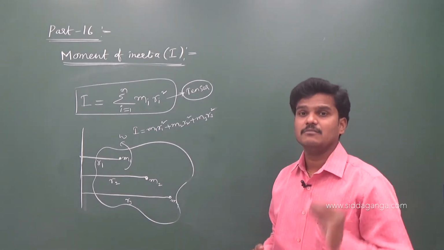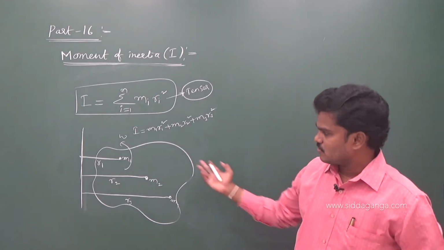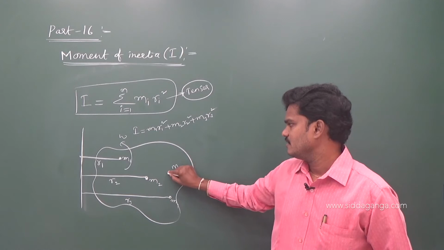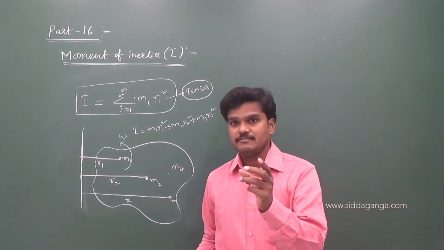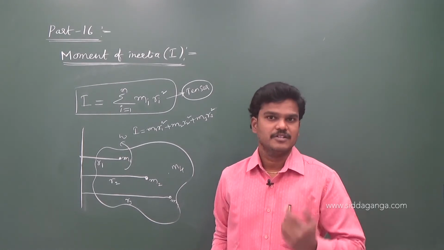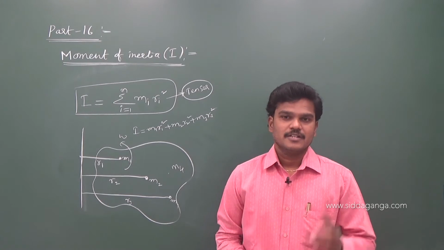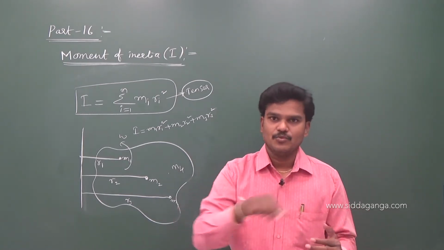And if the entire mass of the rigid body is concentrated at a point, then that center of mass point, you know the meaning of center of mass and we have done plenty of derivations also, that center of mass also rotates about the axis of rotation.